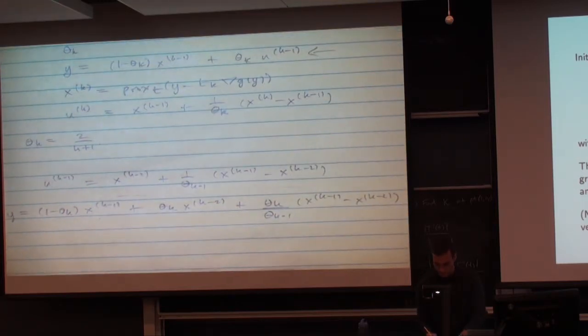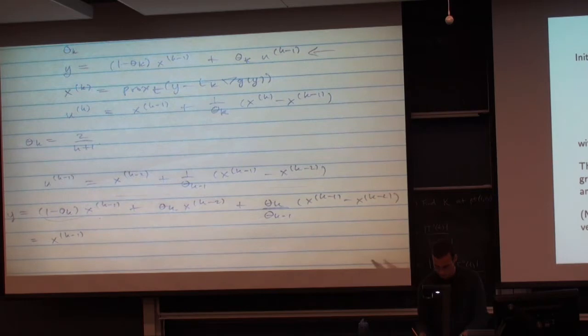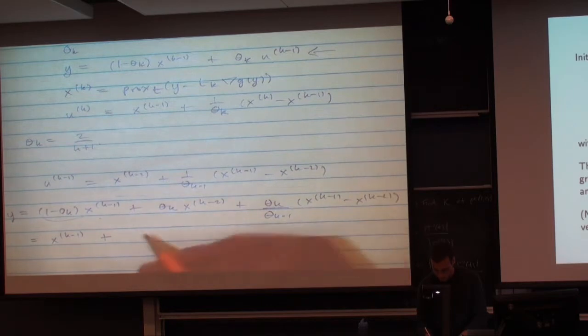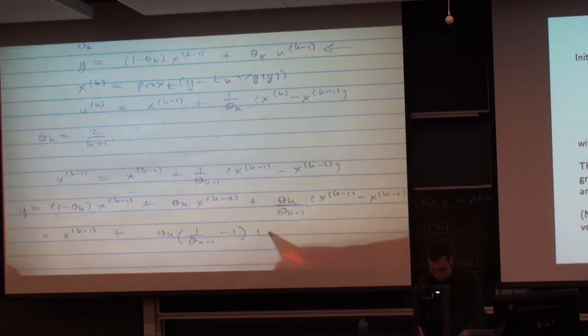Right? And now I can write that as, I can take this x_{k-1} from here, and I'm going to have here plus theta_k times 1 over theta_{k-1} times x_{k-1} minus x_{k-2}.